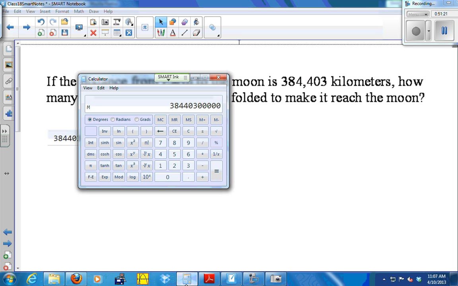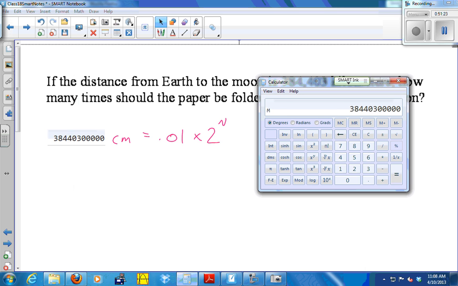41.8. So somewhere between, right, so 41's almost to the moon, 42 passes it. So let's just see, if I do 2 raised to the 41 and times 0.01, that's 219 instead of 384, so it's a little shy.